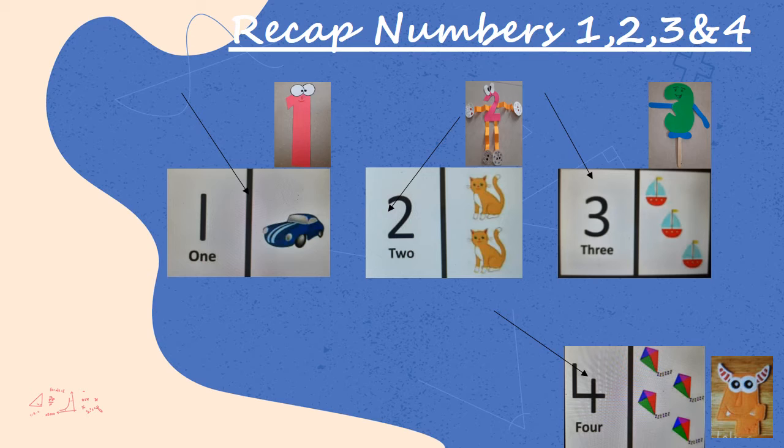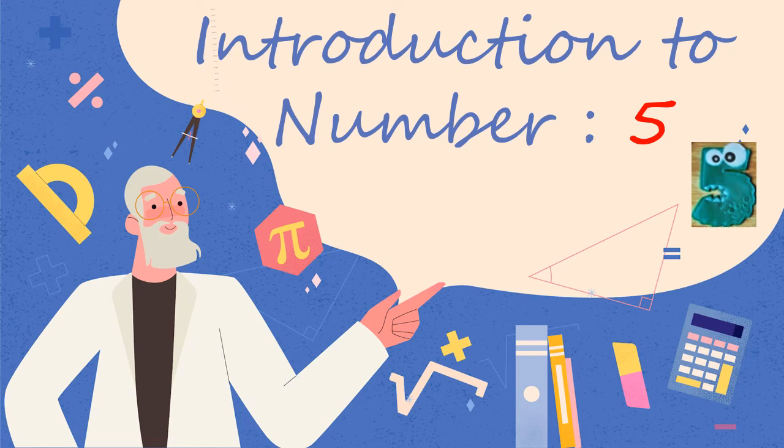And now, do you know? You have a friend who has come to meet you today. Do you want to look at the friend of yours? Introduction to number 5.